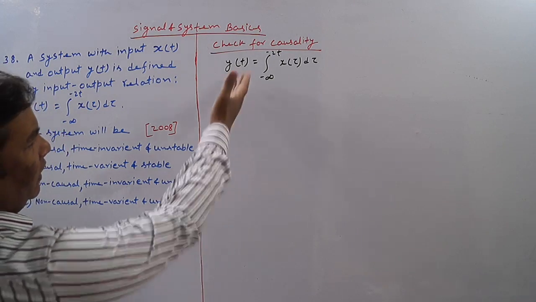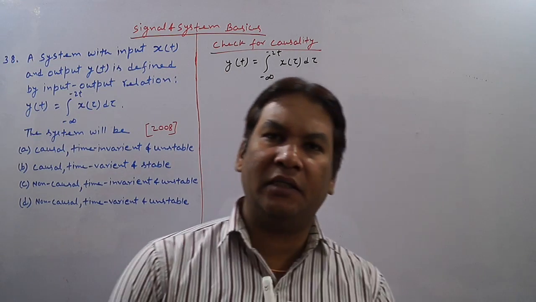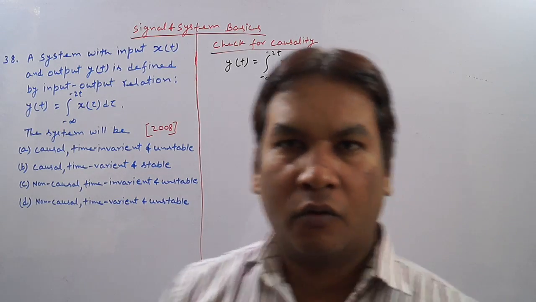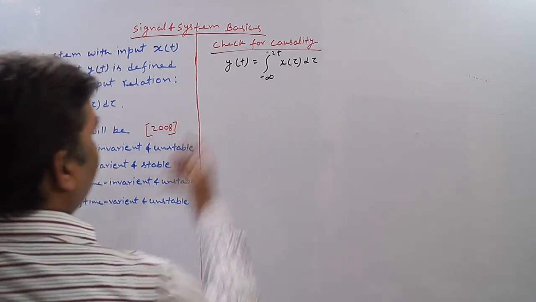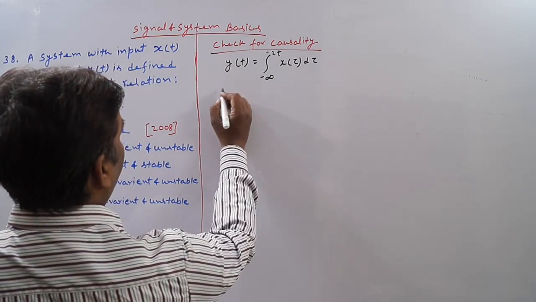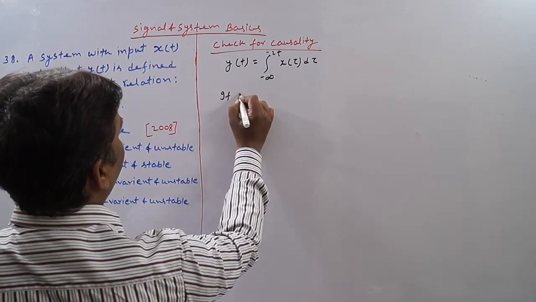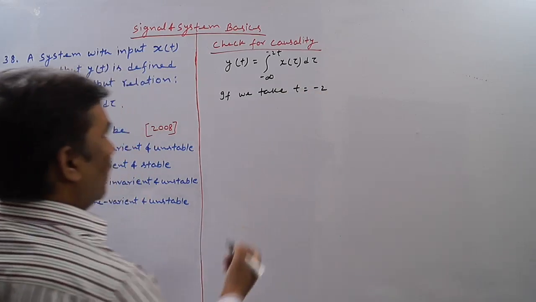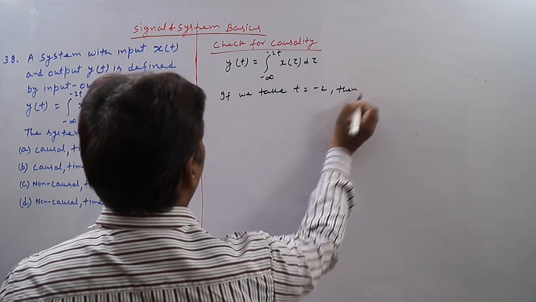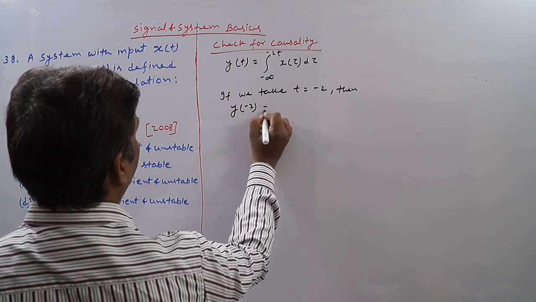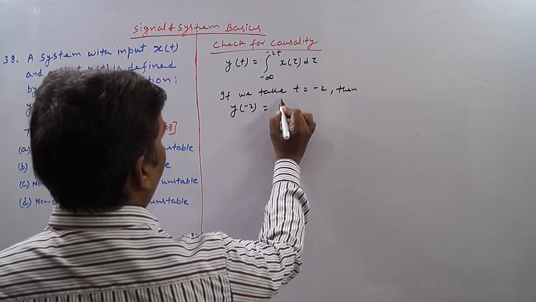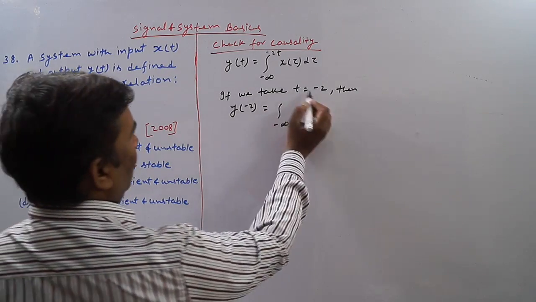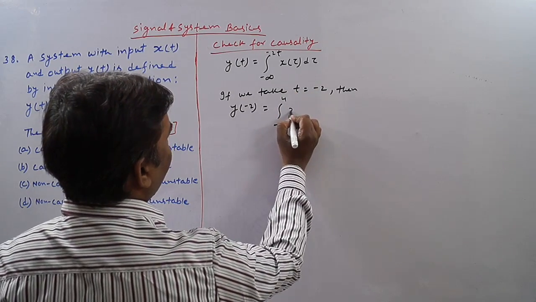But suppose we take the value of t as minus 2. Then y(minus 2) will be the integral from minus infinity to the upper limit, which is minus 2t, that is 4, of x(tau) d tau.